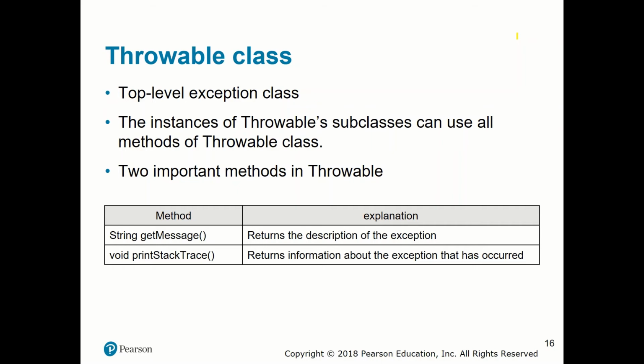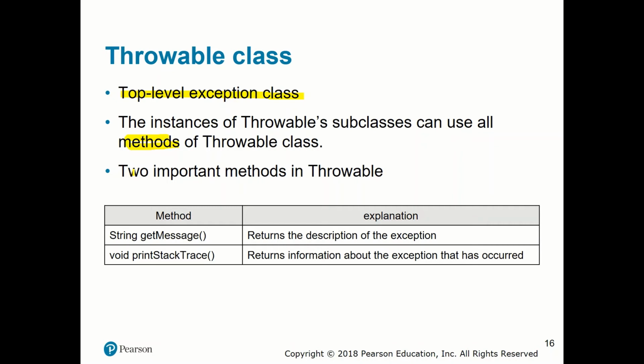I will explain the Throwable class. This is a top level exception class. The instances of Throwable's subclasses can use all methods of the Throwable class, right? Because in inheritance, every child object can use parent methods.